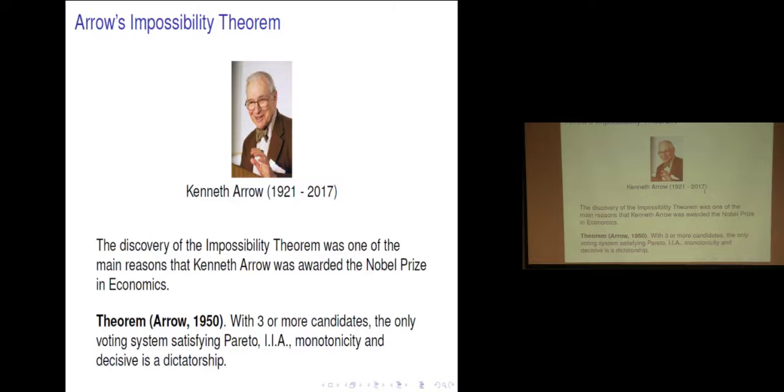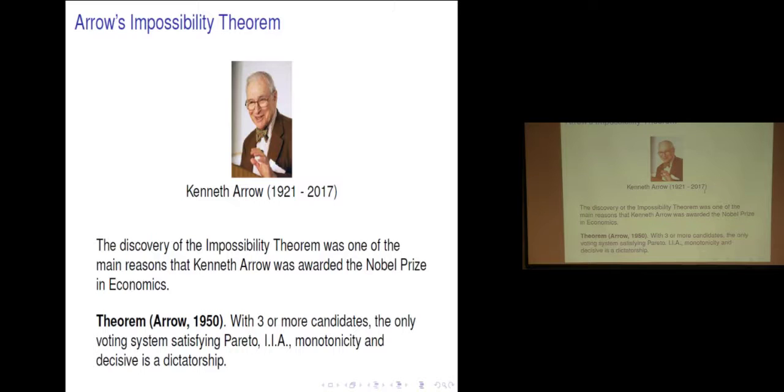The theorem by Arrow in 1950. So 1950 is a very exciting year, right? Nash also published his paper, and Arrow had his result also in 1950. So with three or more candidates, the only voting system satisfying Pareto, IIA, monotone, and decisive is dictatorship.